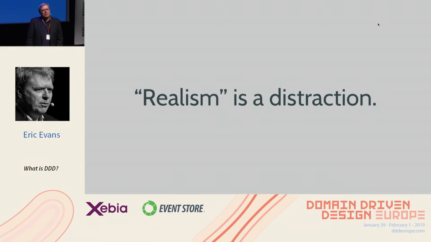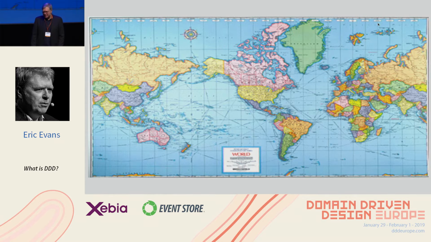This is not a way of representing reality. In fact, I think realism is a distraction. Consider, is this a realistic picture of the world? Well, we discussed, for example, that Greenland is not the size of Africa.